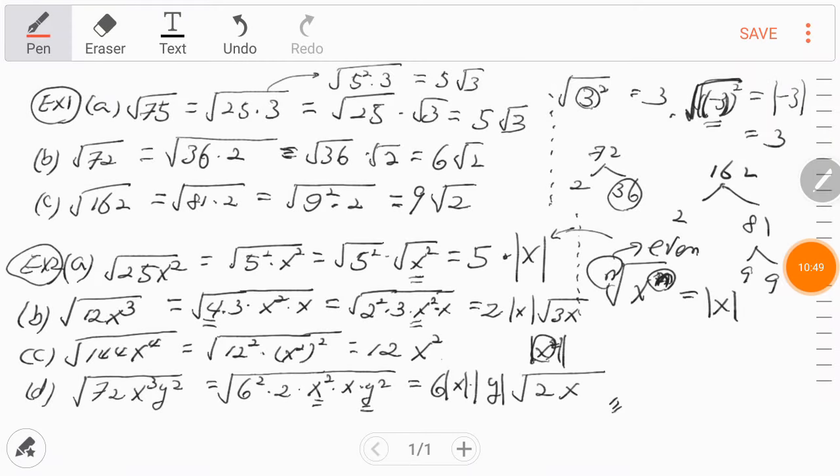Okay, in this case, example 2. Let's say the radicand is a real number. And then x is what? x can be a positive number or a negative number, it doesn't matter. So you can take this x out.